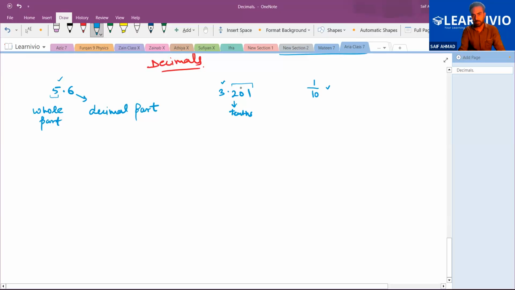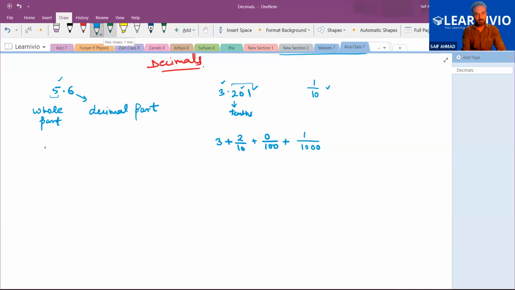This is the hundredths place, and this is the thousandths place. So in expanded form we can write 3 plus 2 upon 10, because it is the tenth part, plus 0 by 100, plus 1 by 1000. This is the expanded form. Understood?